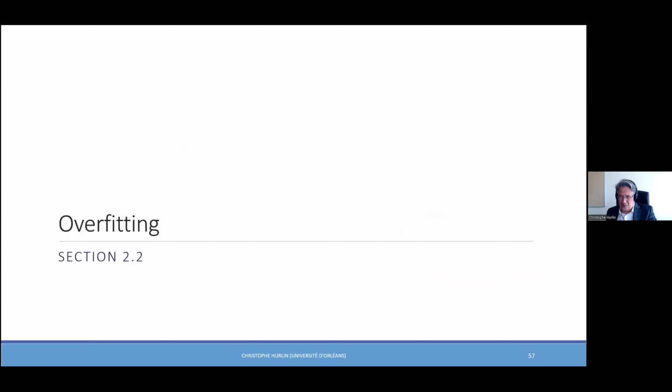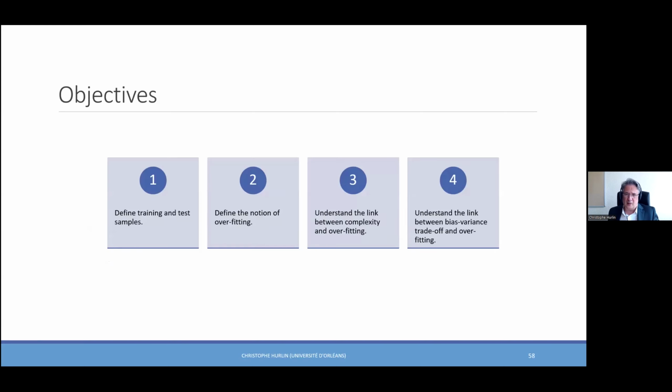Given these definitions, I can now introduce what we call the overfitting issue. So we will define what a training and test set are and define the notion of overfitting. And we will understand the link between complexity and overfitting, and the link with the bias-variance trade-off.